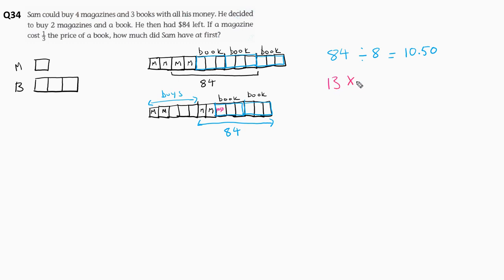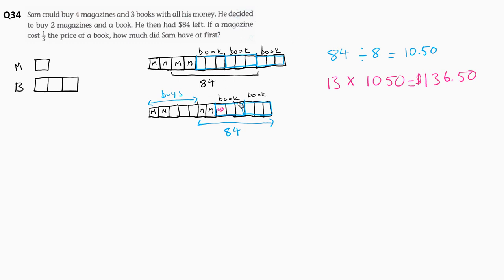If we multiply 13 by the $10.50, we are going to find out how much money he had altogether, which is $136.50.